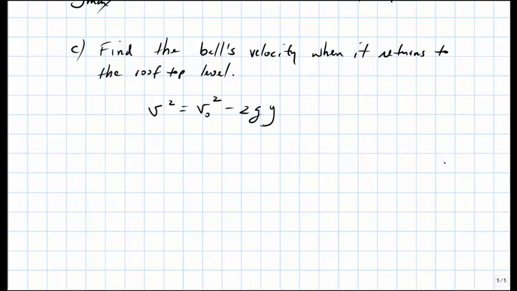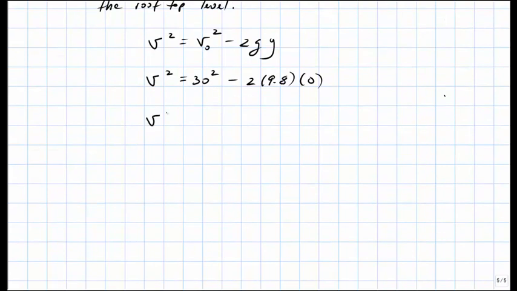Let's see what happens. So we're trying to solve for v. v0 equals 30. We'll square that. Minus 2. G is 9.8, and as we noted earlier, the value for y is 0. So this just produces v squared equals 900. Now, algebraically, we have to take the square root of both sides in order to solve for v.